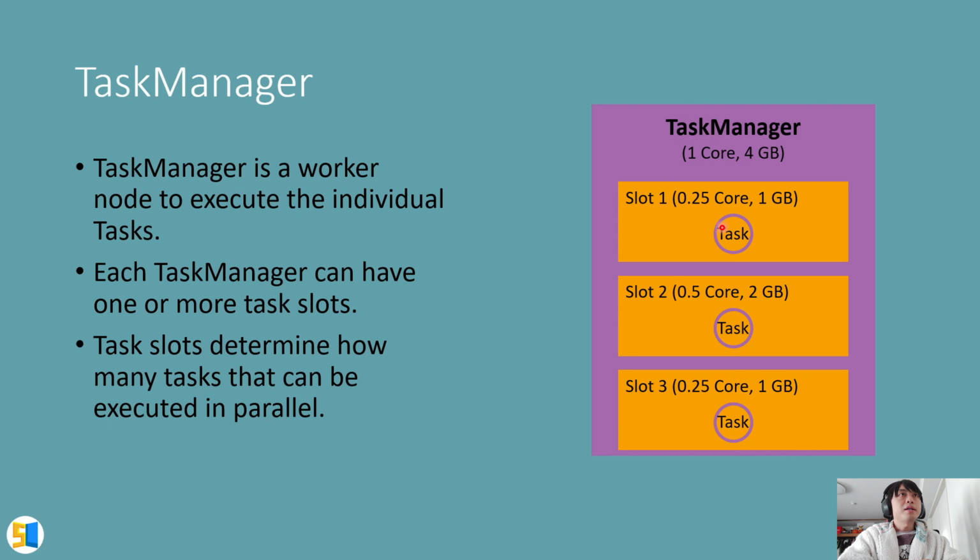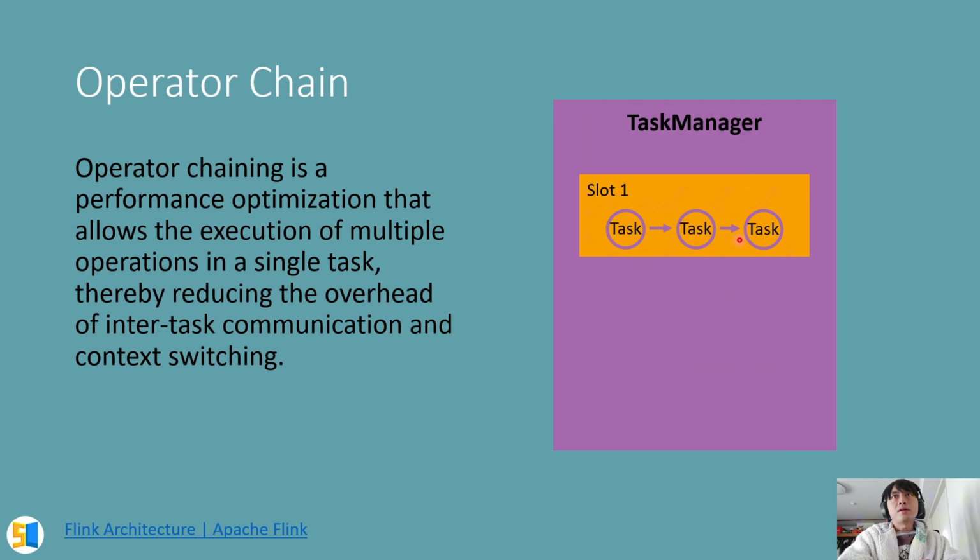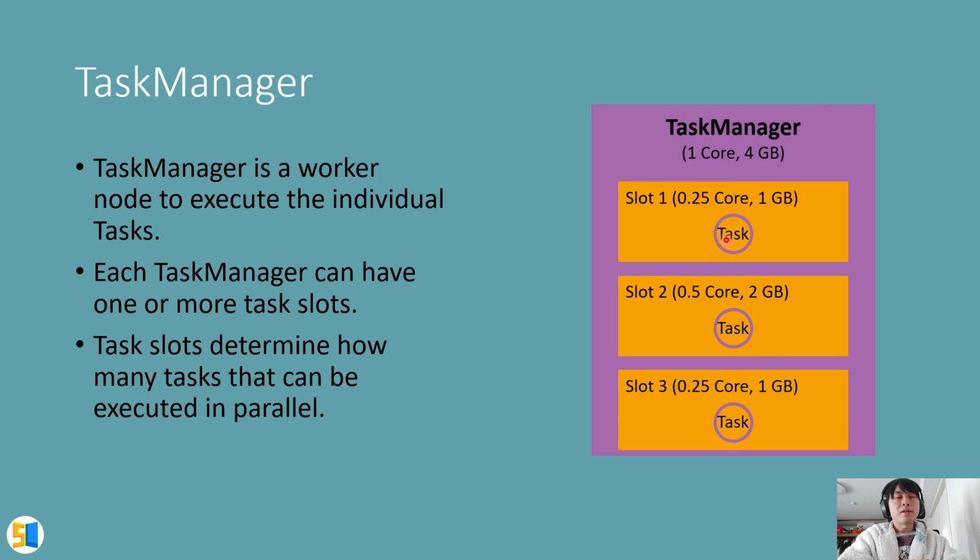So if this task needs to communicate with this task, then it requires external resources to serialize and deserialize, and also context switching, because this is in parallel, right? The CPU needs to switch context between slot 1 and slot 2 and slot 3 and slot 1 and slot 2, and so on continuously.